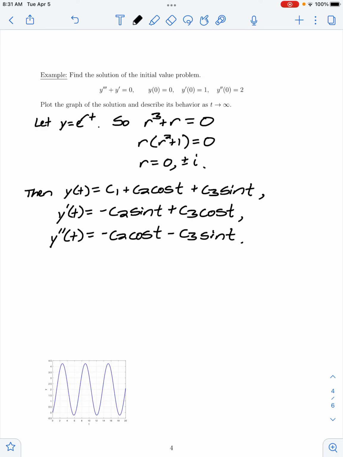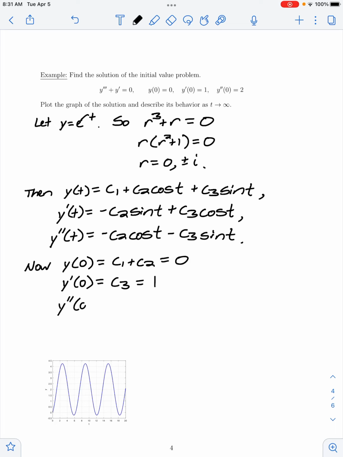So let's apply our set of initial conditions. If we evaluate the general solution y at time 0, we're left with c1 plus c2, and we were given this value must be 0. y prime of 0 is equal to c3, and we were told this value has to be 1.